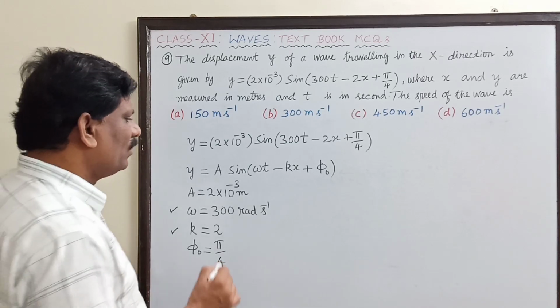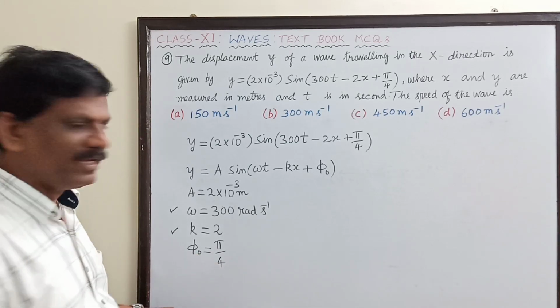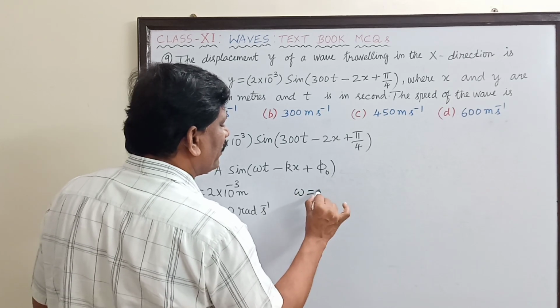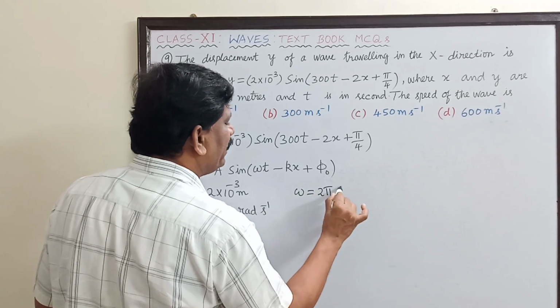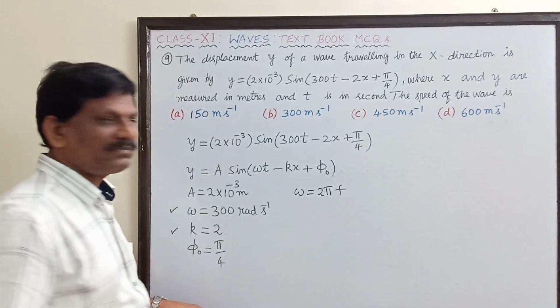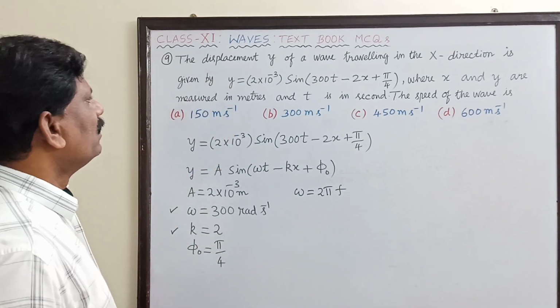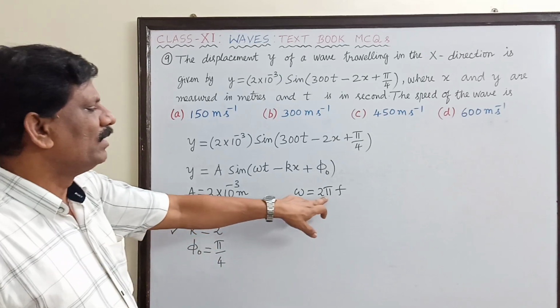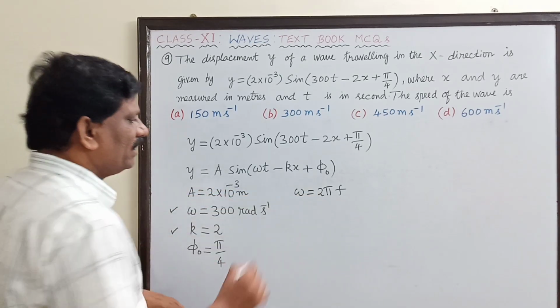What is omega? Omega is the angular frequency. So omega is equal to 2 pi into f. Here what is the value of omega? 300. So 300 is equal to 2 pi into f.